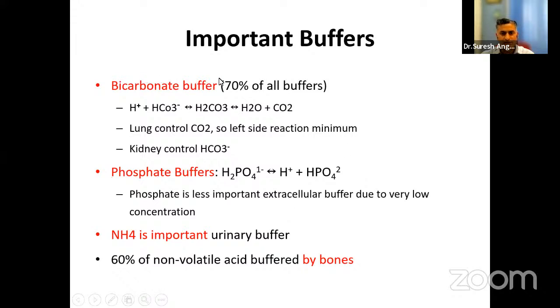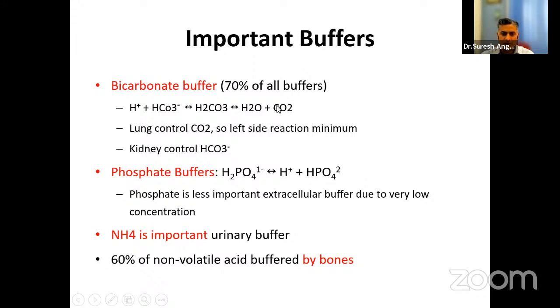Bicarbonate buffer is one of the major buffers. It constitutes 70% of all buffers inside the body. And you must have been seeing this equation since yesterday: whenever there is hydrogen ion addition, it combines with bicarbonate and converts into H2CO3, and this dissociates into water and carbon dioxide. In this equation, the lung is able to control CO2.